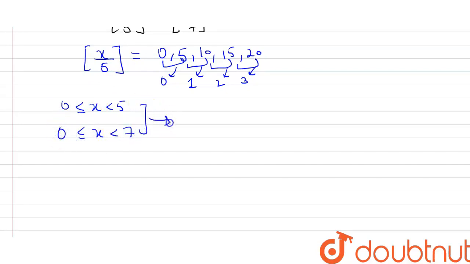If we take the common part, we get our numbers as 0, 1, 2, 3 and 4, because it is up to 5 only.